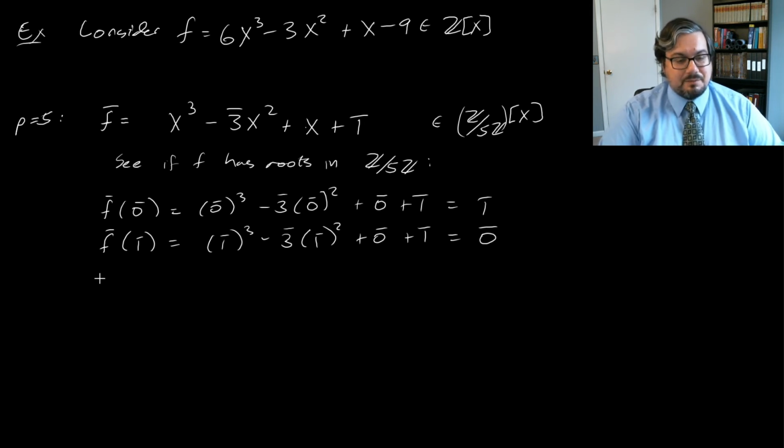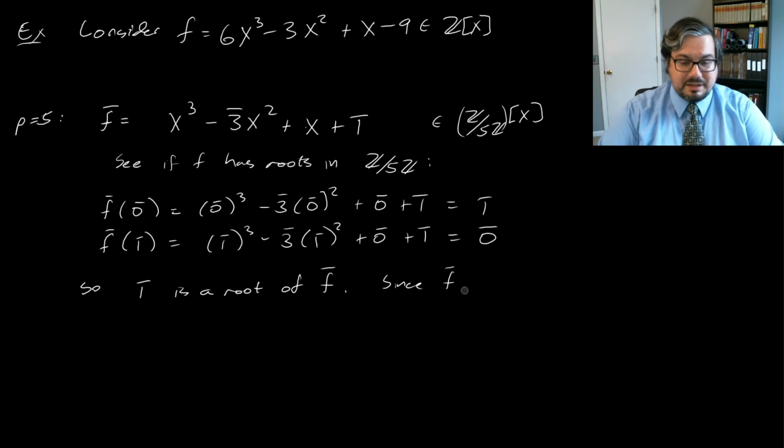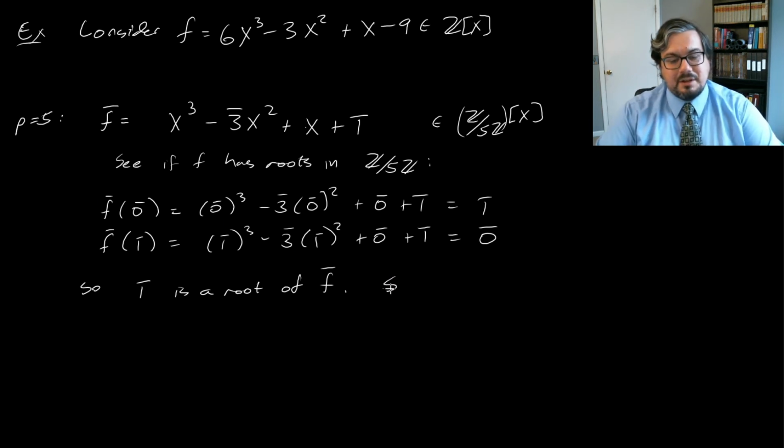We can stop here. This tells us that 1 bar is a root of f bar. Since f bar has degree 3, we don't even need the degree consideration at this point. 1 bar is a root of f bar, so that means that f bar is reducible in Z mod 5Z adjoin x.